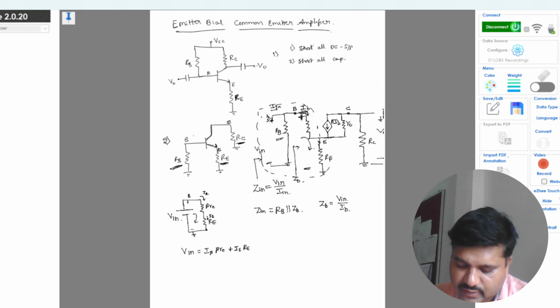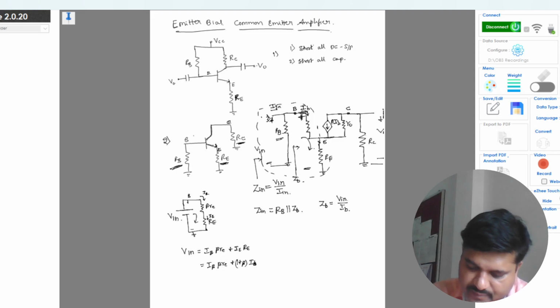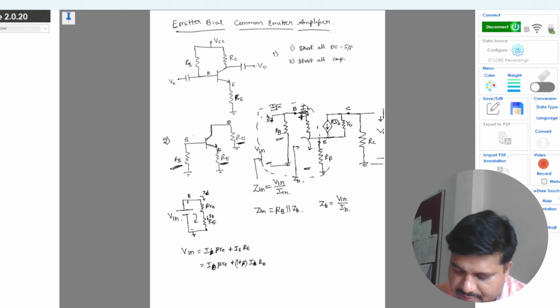Okay, so now this is Ib into beta Re plus Ie, which is 1 plus beta times Ib. These are all small b because it is the biased signal Re.